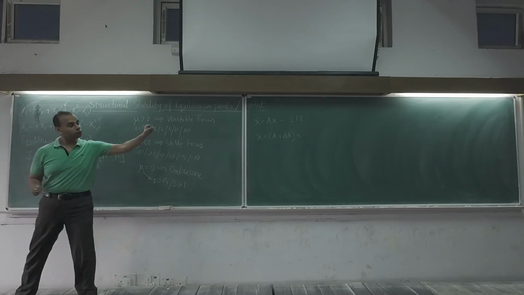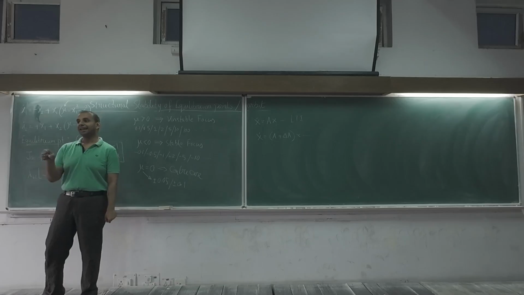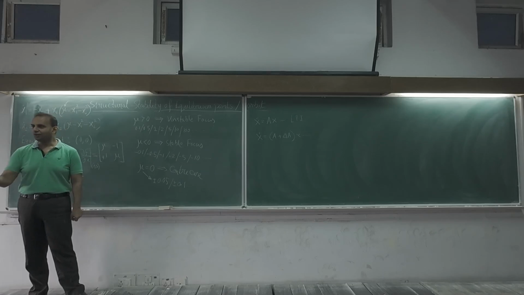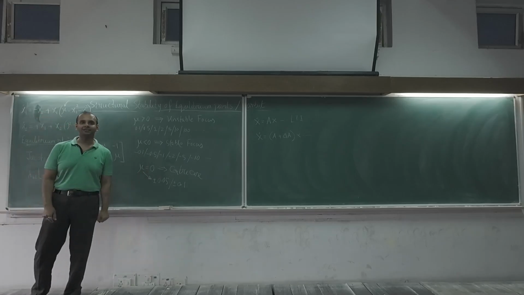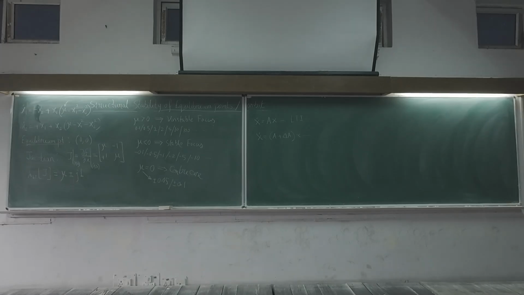But suppose due to some physical perturbation on the system, which can make some changes in the value of mu, then if mu takes on some non-zero value, what will happen? Immediately the center case is gone. That's why the center case is called not structurally stable, whereas the others are called structurally stable.